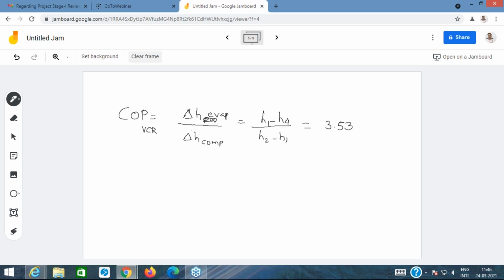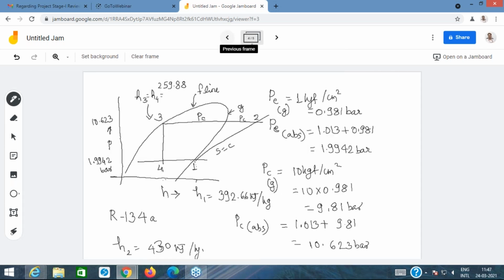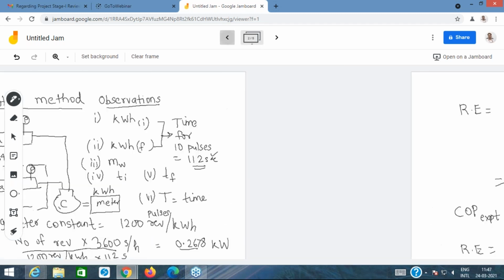But this COP is by assuming that the cycle is a saturation cycle. Though we have used the actual readings of the condenser pressure and the evaporator pressure, this calculation is not exact because we have assumed the cycle to be a saturation cycle. So this is the COP of the VCR cycle found by assuming it to be a saturation cycle. What was the COP found earlier? The COP found earlier was very less.